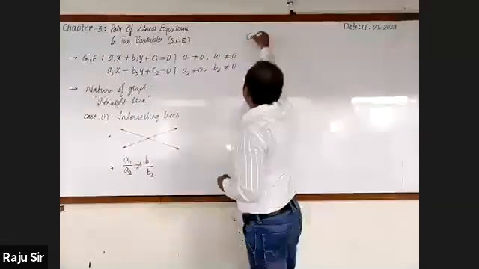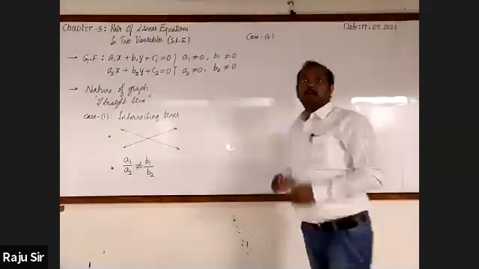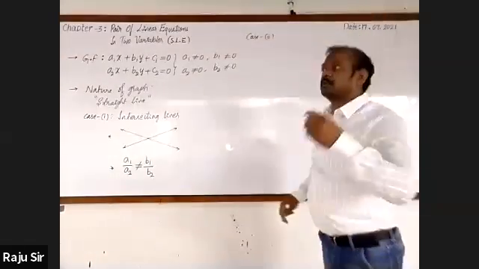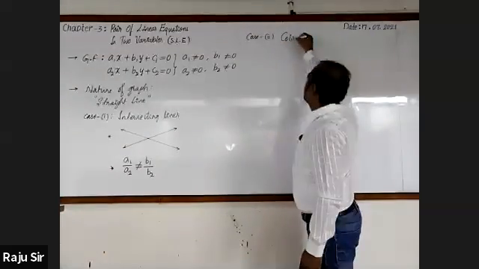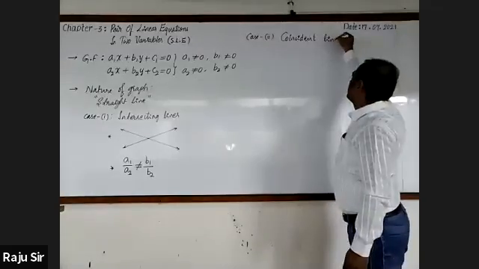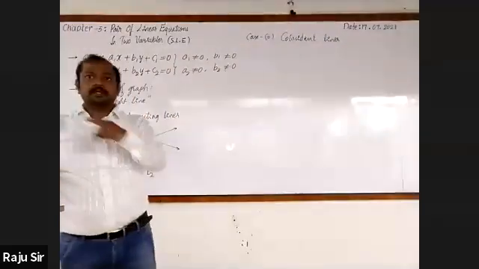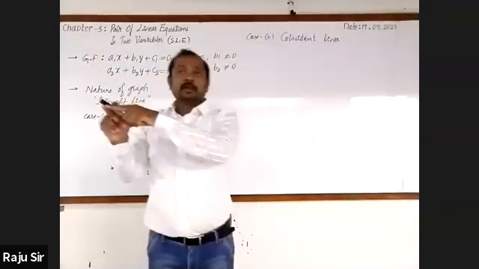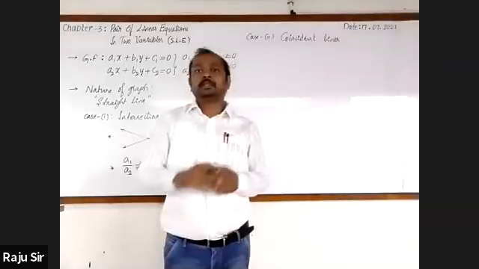Case 2. What is that case? Coincident lines. When you draw the graph of the two linear equations, the lines representing these equations may lie one on the other.